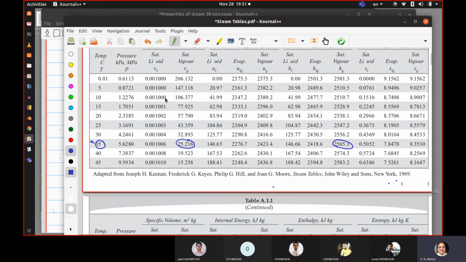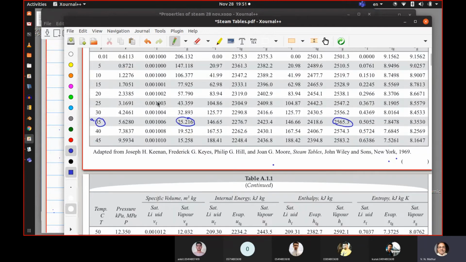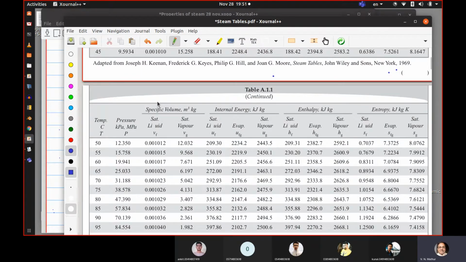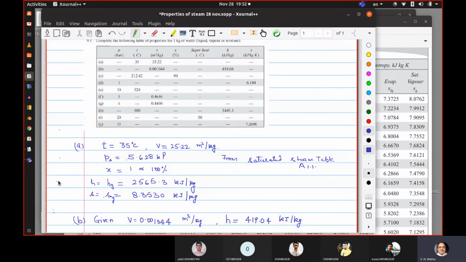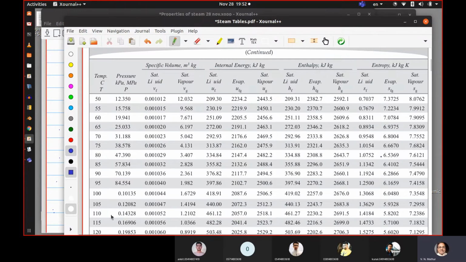I think 1044 is a standard value at 100 degrees centigrade. Just found this value.